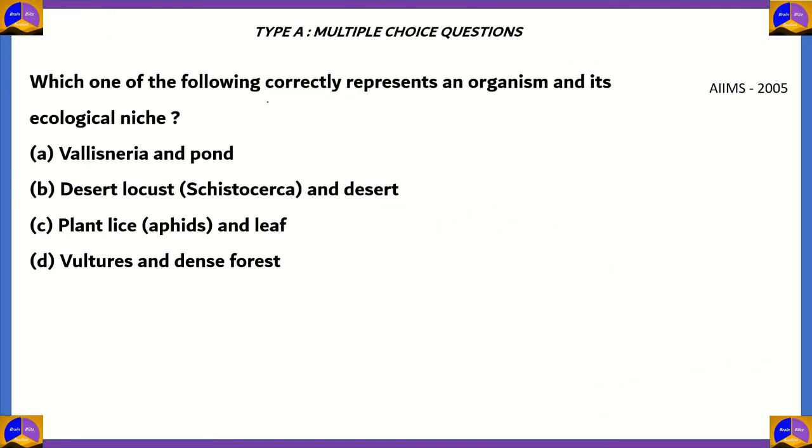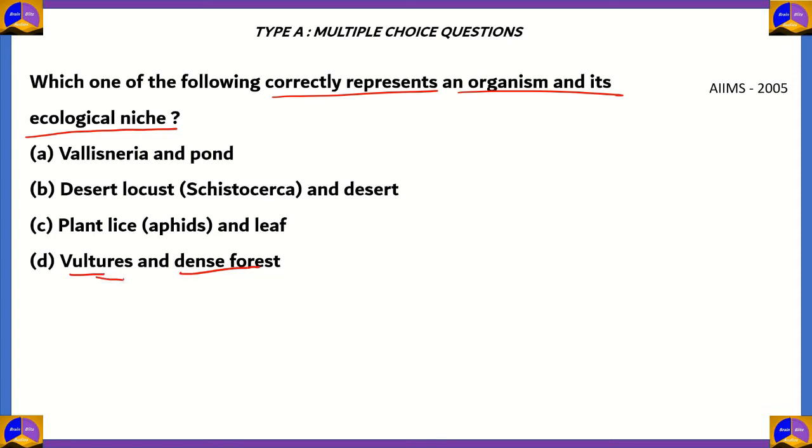Which one of the following correctly represents an organism and its ecological niche? Is it option A, Vallisneria and pond? Is it option B, desert locust and desert? Is it option C, plant lice and leaf? Or is it option D, vultures and dense forest? So option D says vultures and dense forest.